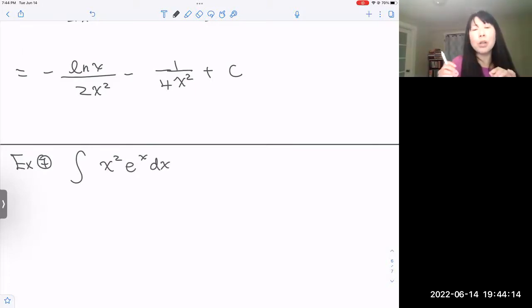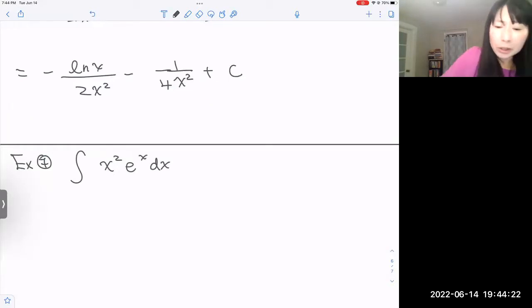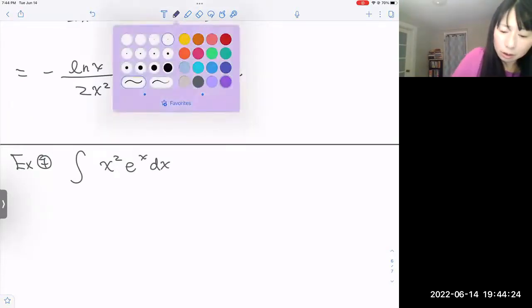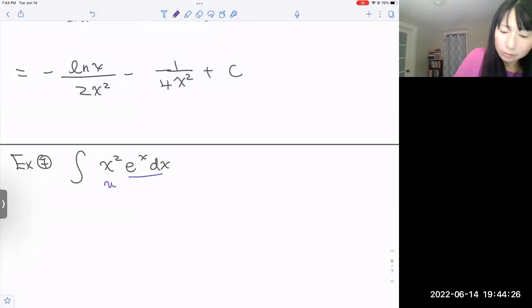Okay, exponential always the last one. So u will be x squared, then let u equal to x squared derivative.